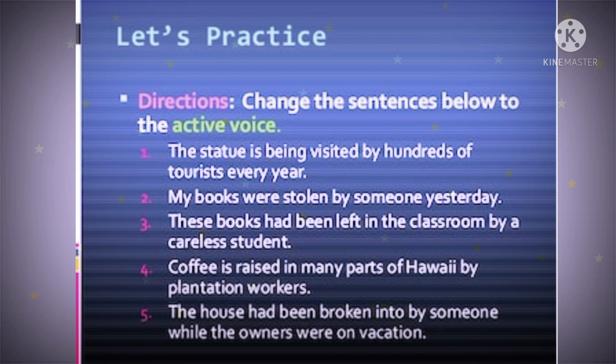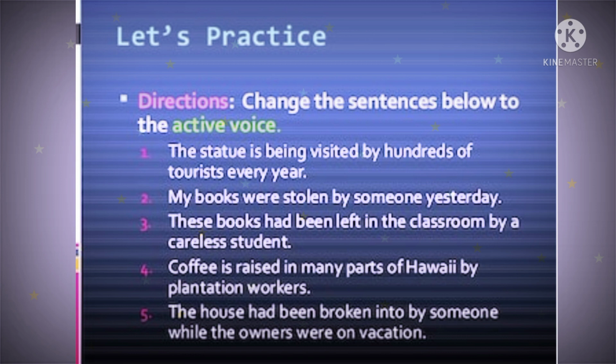Next sentence. The house had been broken into by someone while the owners were on vacation. So by whom? Someone. So had been broken will be changed back into had broken. Someone had broken into the house while the owners were on vacation.